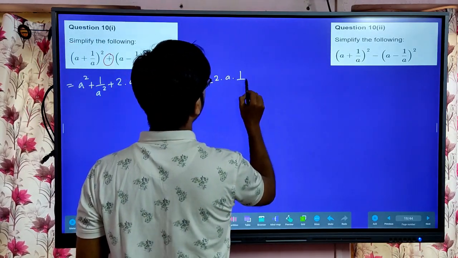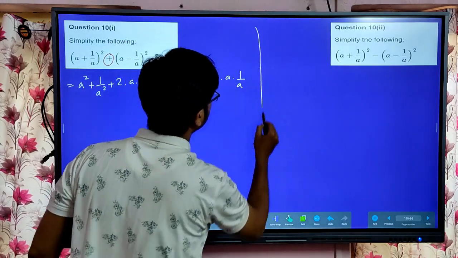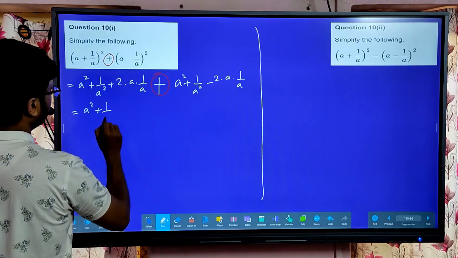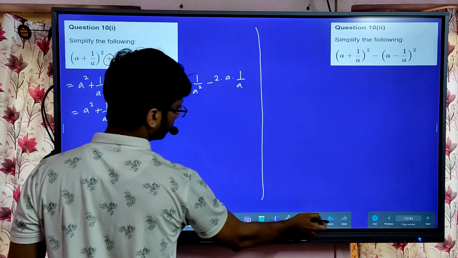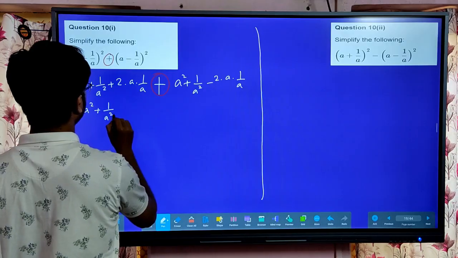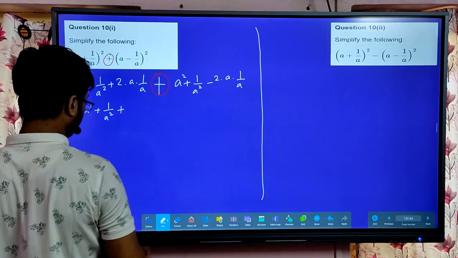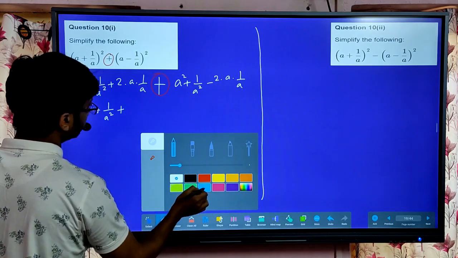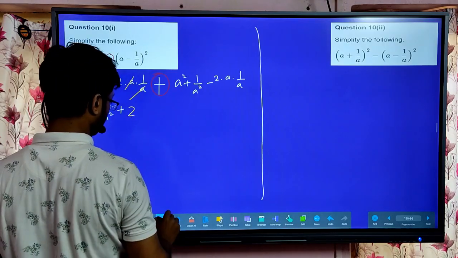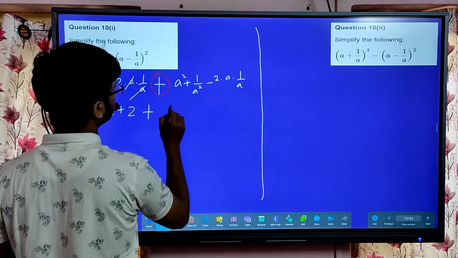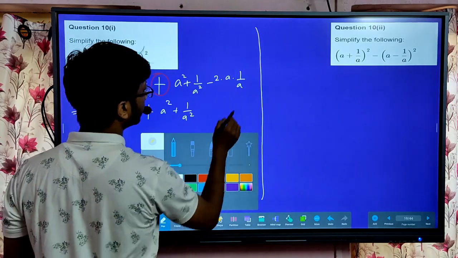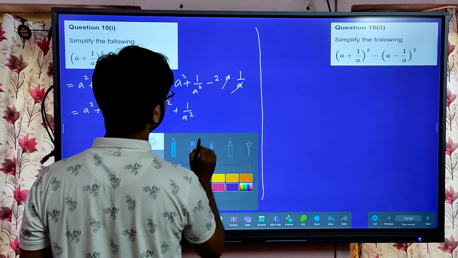Okay, so let us see, it will be a square plus 1 by a square plus, this a will get cancelled out, so it will be plus 2, again plus a square plus 1 by a square, again this a will get cancelled out, so it will be minus 2.